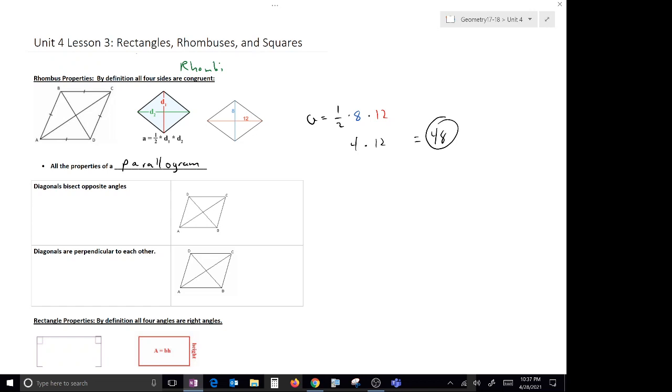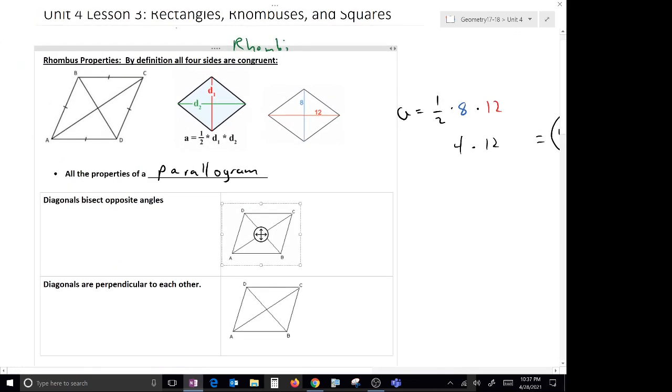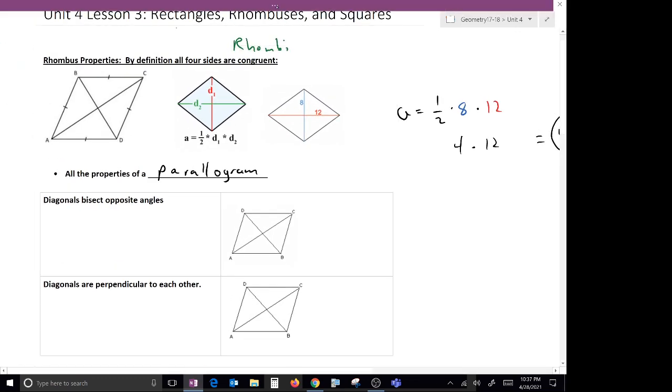Other properties of a rhombus. Diagonals bisect opposite angles. What that means is those diagonals are going to split the opposite angles in half.